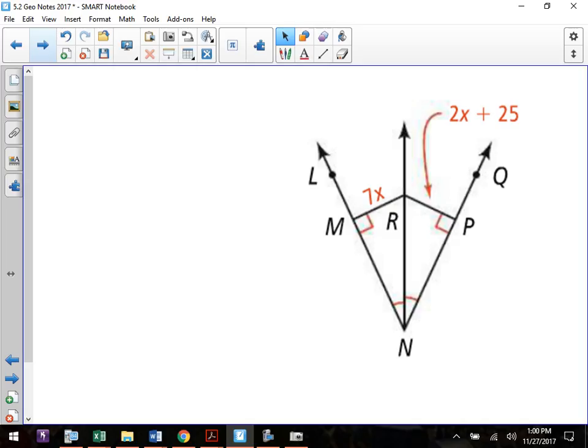Well, is R on the angle bisector? Yeah, because it shows it. You've got the congruency marks and you've got the right angles. Which means RM and RP have to be equal, have to be the same.